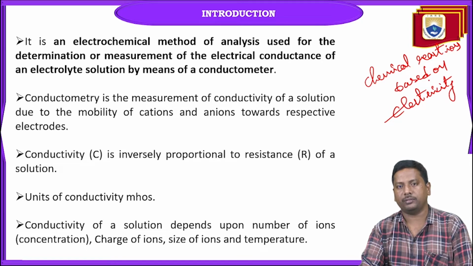The best example is the redox reaction, which involves both oxidation and reduction reactions taking place simultaneously. At one place the loss of electrons takes place, at another place the gain of electrons takes place. So finally the movement of electrons takes place from one place to another. This entirely takes place by chemical reactions, so that is called an electrochemical method.